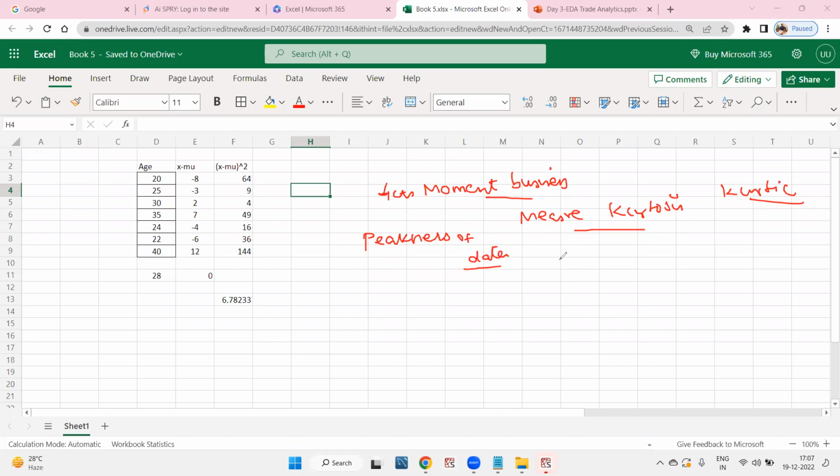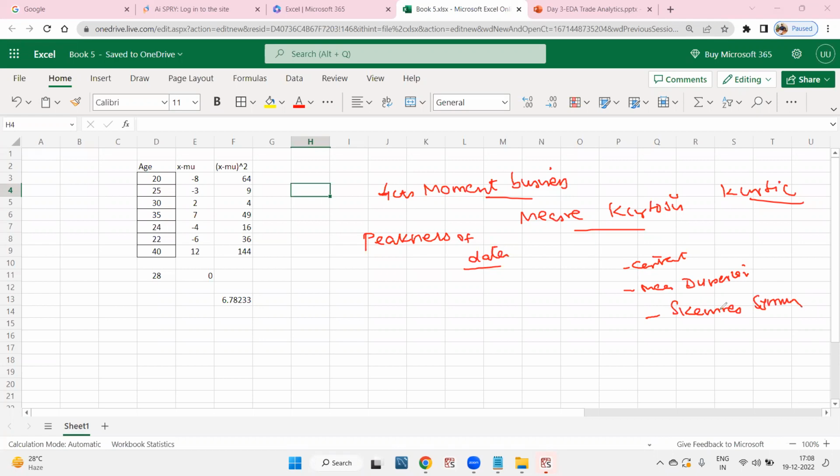So when we talk about the first moment, we said we are measuring the central tendency. Second moment, we are measuring the dispersion. Third moment, we're measuring the skewness, symmetrical or asymmetrical.